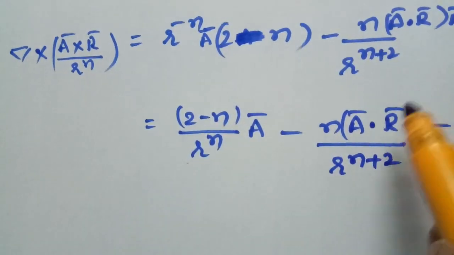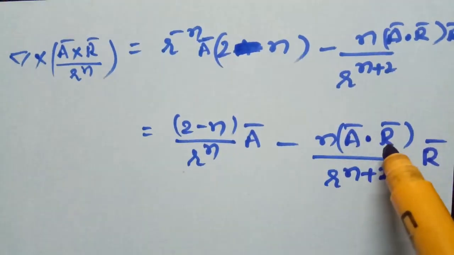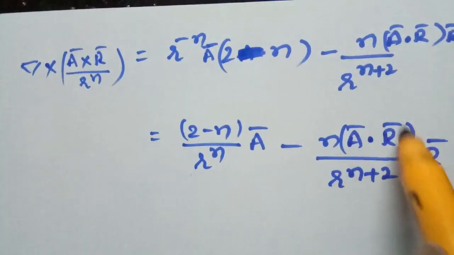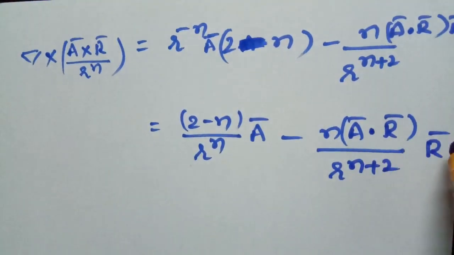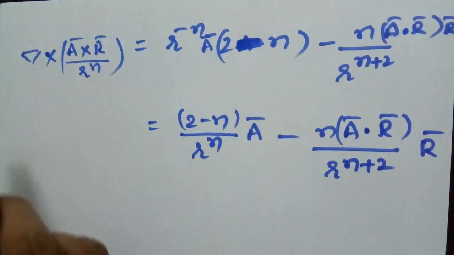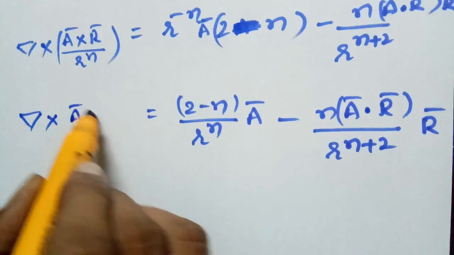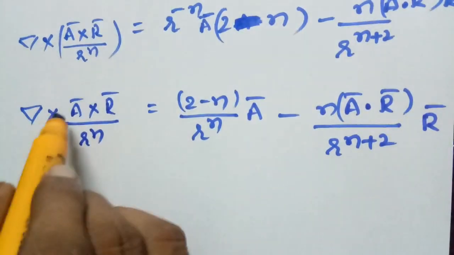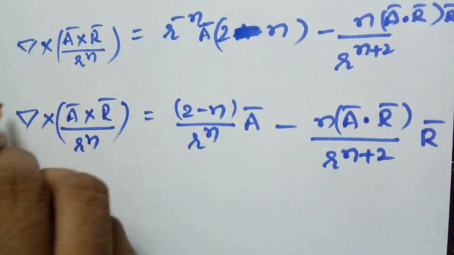In the previous step, we have r bar dot a bar, but a bar dot b bar is equal to b bar dot a bar. Both are the same, so that's why we are writing r bar dot a bar as a bar dot r bar. Therefore, this is our required answer for del cross a bar cross r bar by r power n.